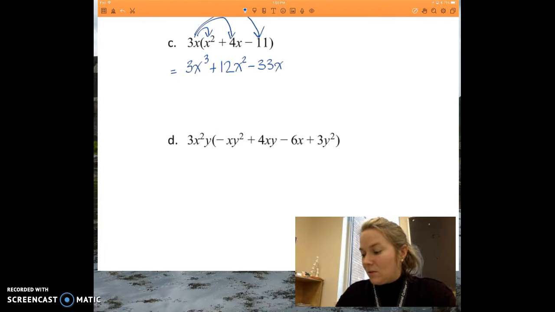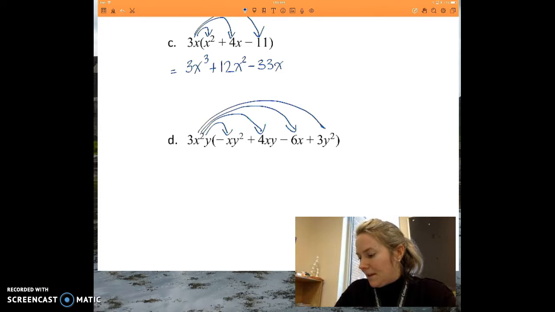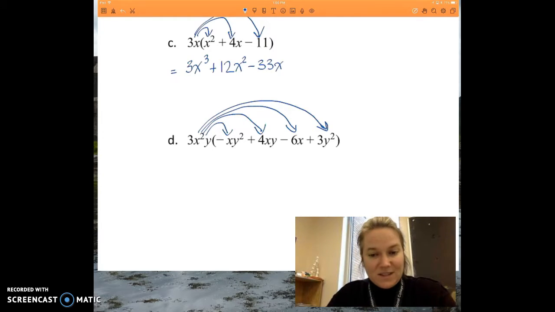We have 1, 2, 3, 4 terms, so it's going to multiply 4 times. And now not only do we have 4 terms to multiply, but we have different variables, x's and y's. So now we're going to have to be very meticulous and very careful about how we go about this. Let's start with that very first one.